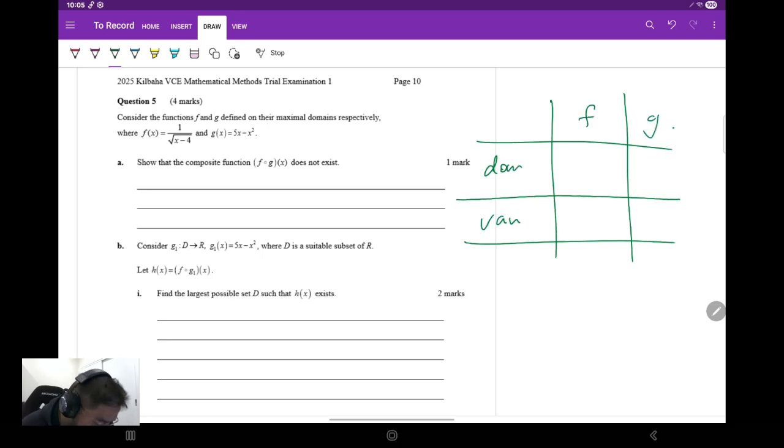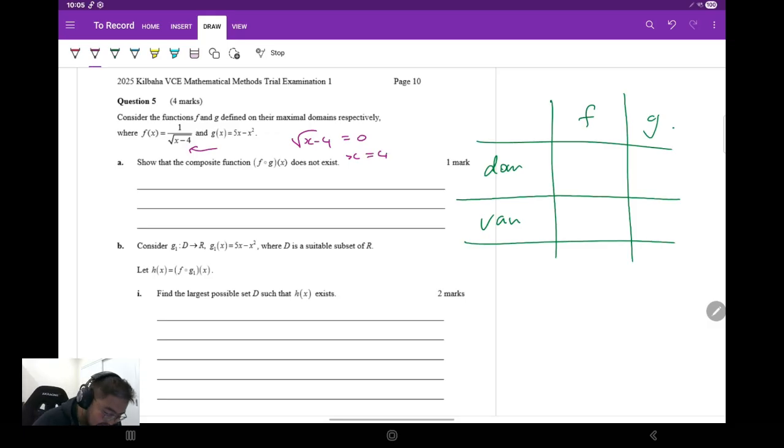What I'm going to do is investigate the domain and range for each of these functions. For f, I've got a square root on the bottom, so I need to work out my maximal domain. Solving x minus 4 equals 0 gives x equals 4.